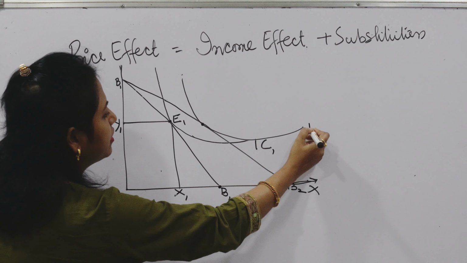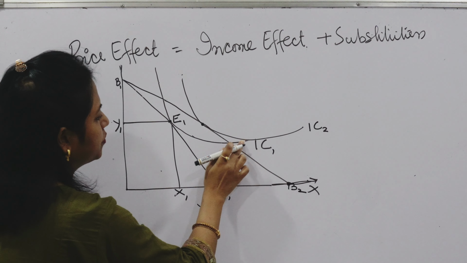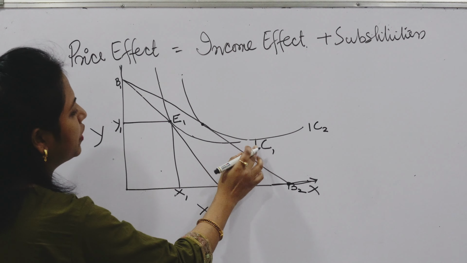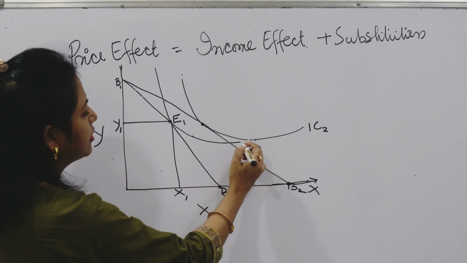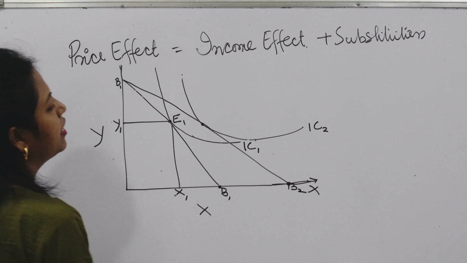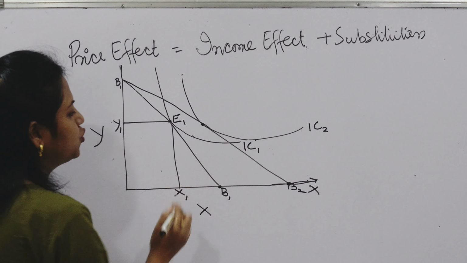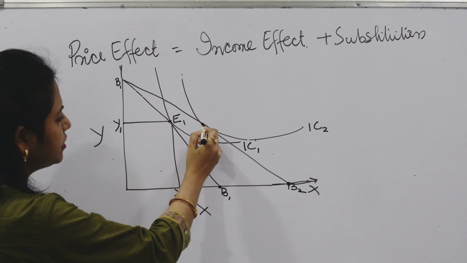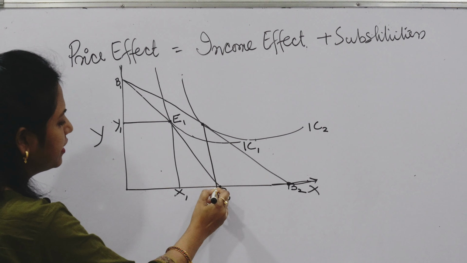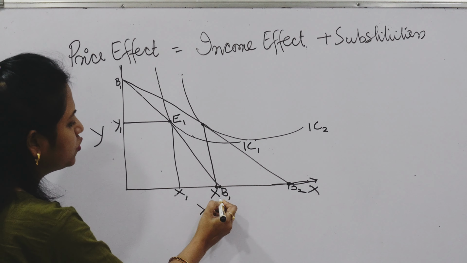That was IC1, so this is IC2. Let me rename it here. The previous one was IC1 and now the new one is IC2, and I get a new equilibrium point, that is X2.